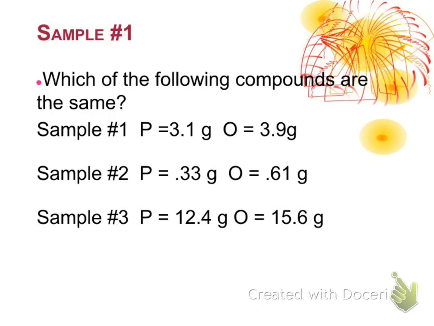Okay? And then the last one is 15.6 divided by 12.4, and we get an answer of 1.25. So 1 and 3, like I might give you a problem that says, okay, I've got some samples here with some different weights, which ones are the same? And all you have to do is find the ratio of each one, and if it's the same ratio, you got your answer.